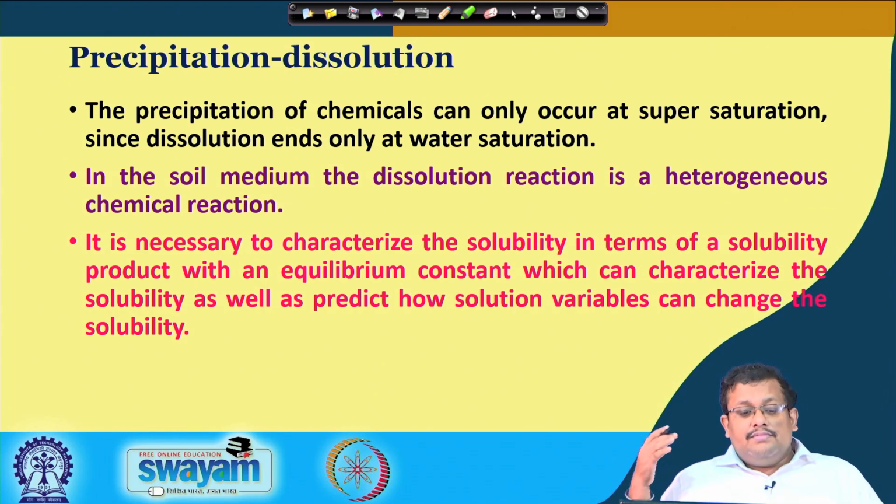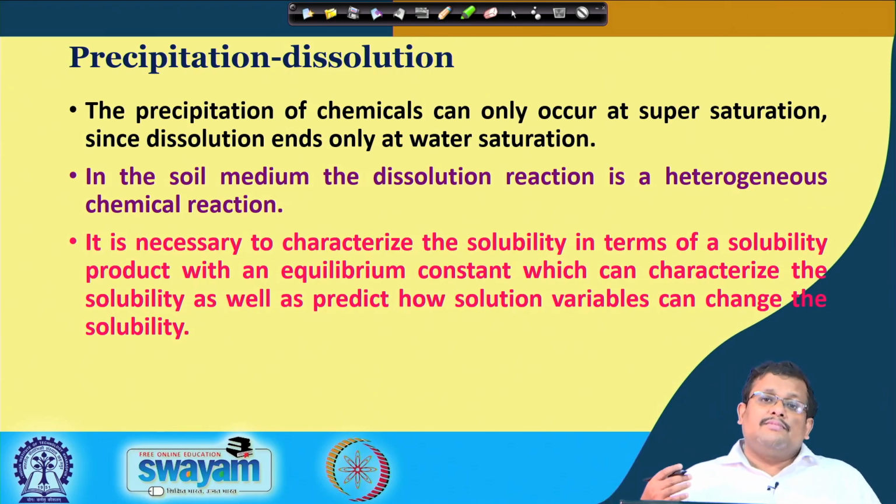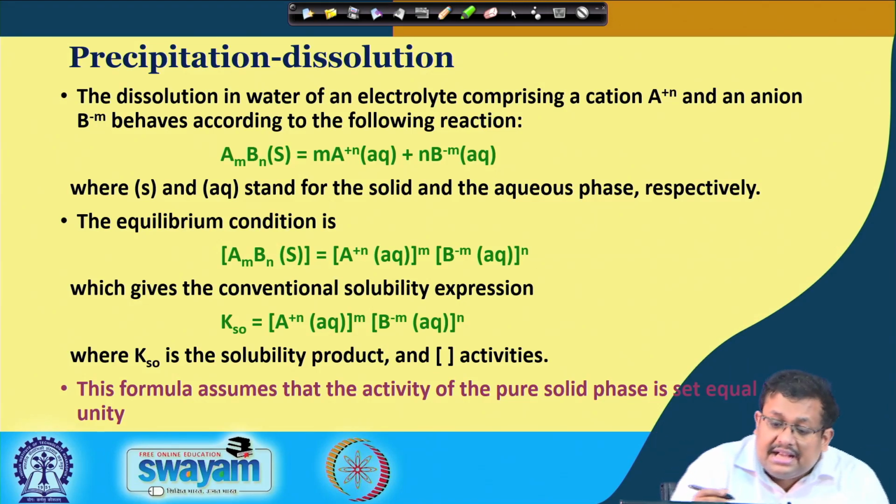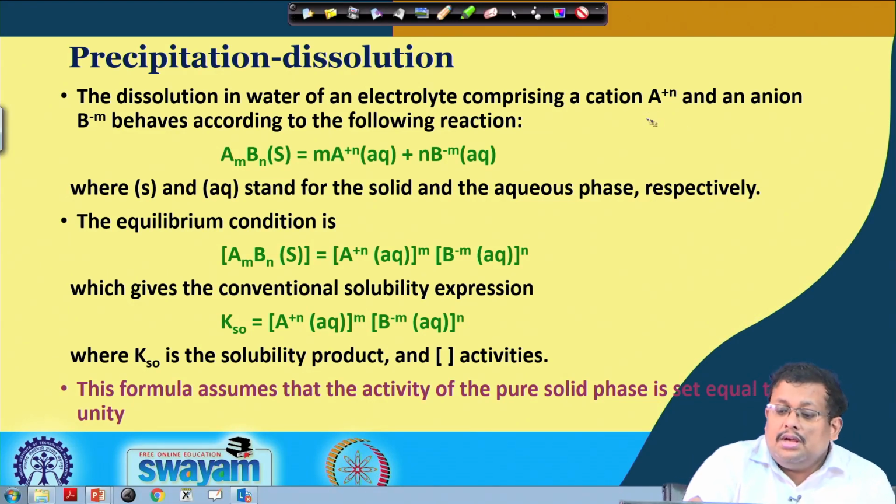We have already discussed the solubility product relationship in our previous lecture, so I am not going to discuss that in further detail. However, let us just consider when the dissolution in water of an electrolyte comprises a cation An+ and the anion Bm-.